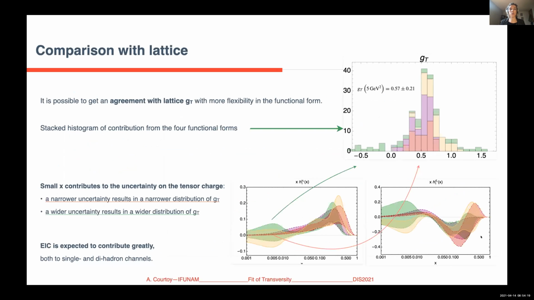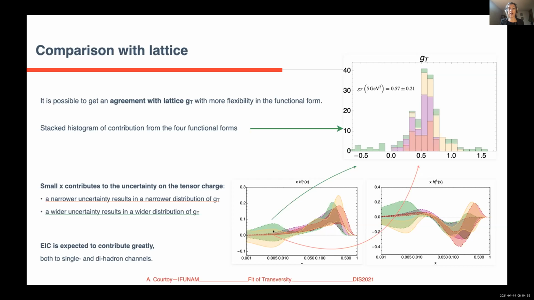Okay, and talking about this comparison with lattice, here is our result for GT. I wanted to show the average we have here, as a stacked histogram. For each functional form we had, remember they were colored, I show here the value we have for GT. So it's stacked, you just have to sum them. You see the green here has a huge error band at small x, and you see how it spans GT, which means that it actually matters for GT.